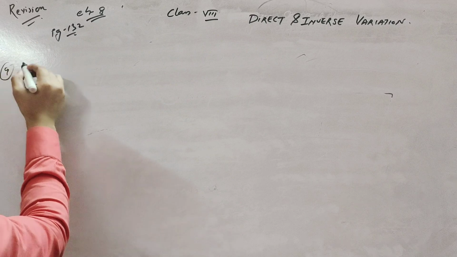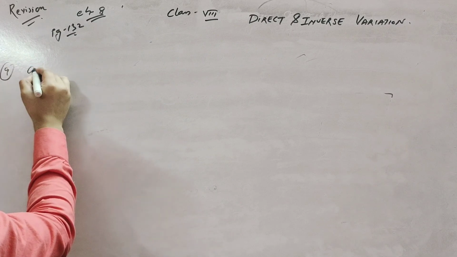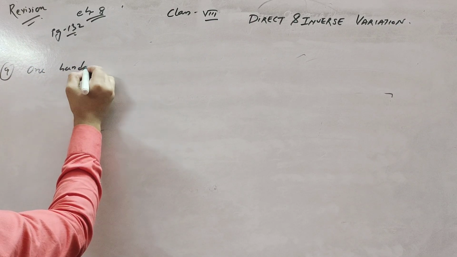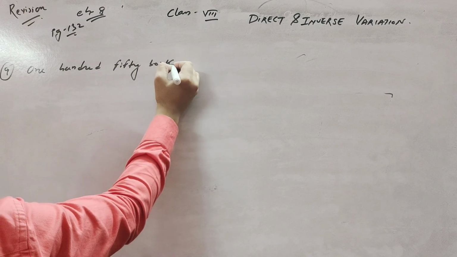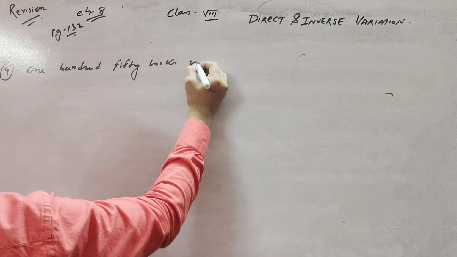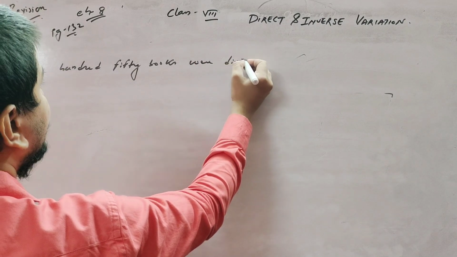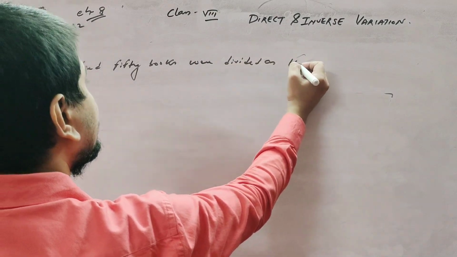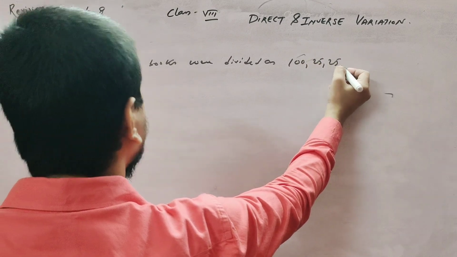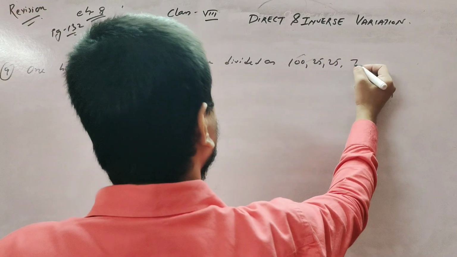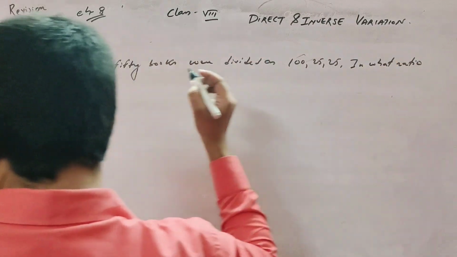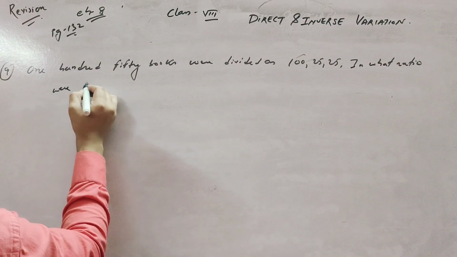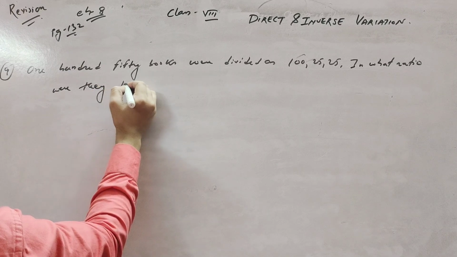Number 9. 150 books were divided as 100, 25, 25. In what ratio were they divided?